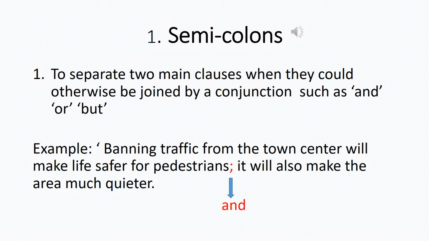So keep that in mind. Now, I hope you understood the point. So instead of and or but in a sentence, you can use a semicolon. Okay, let's move on to the second usage now.